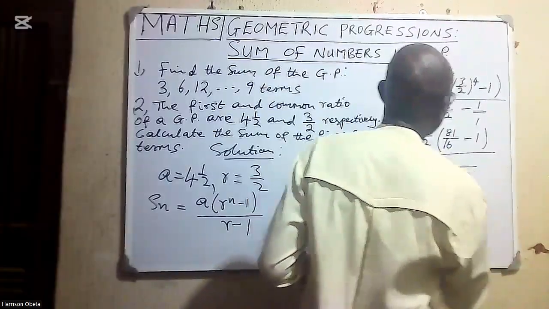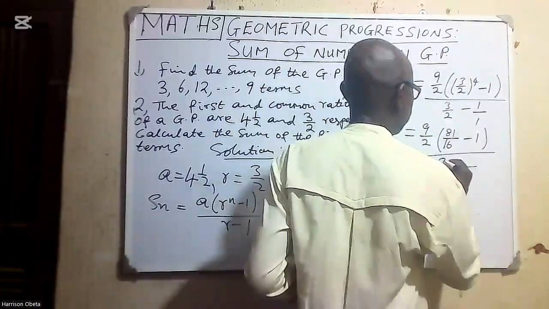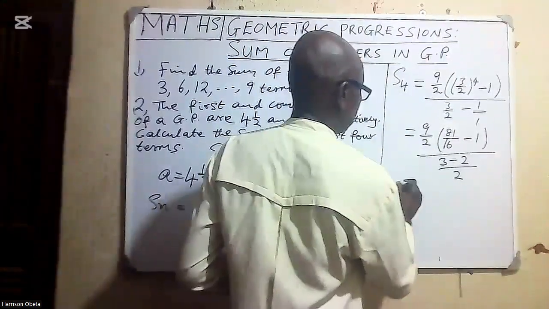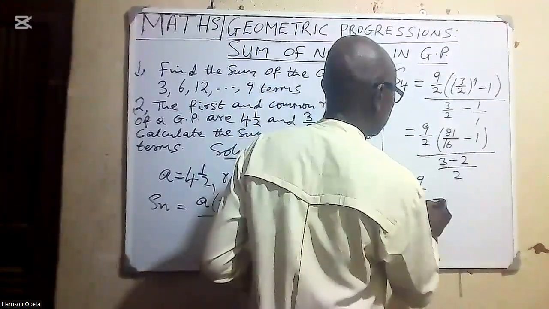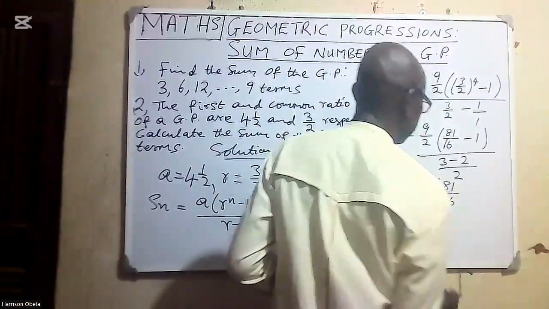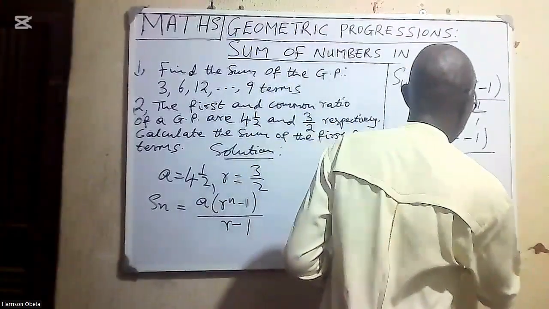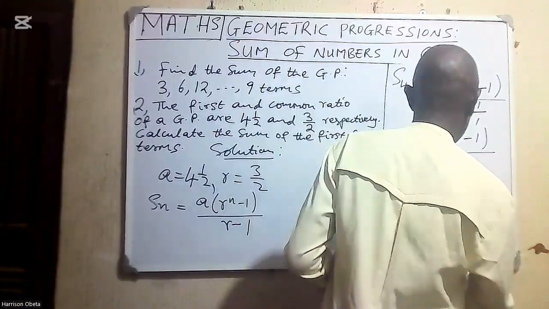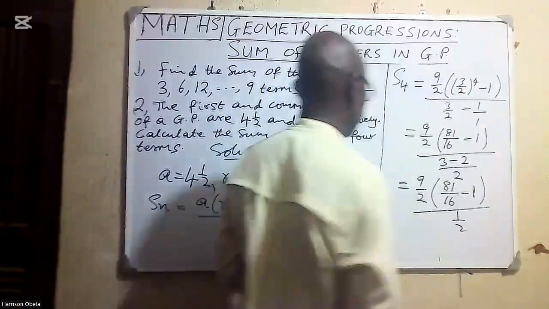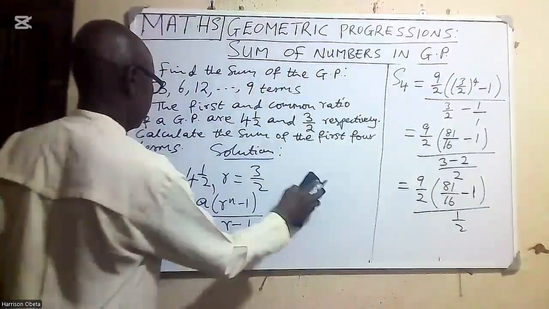That should be 2, and then that will be 3 minus 2. So that is 9/2 bracket 81/16 minus 1 all over 1/2.